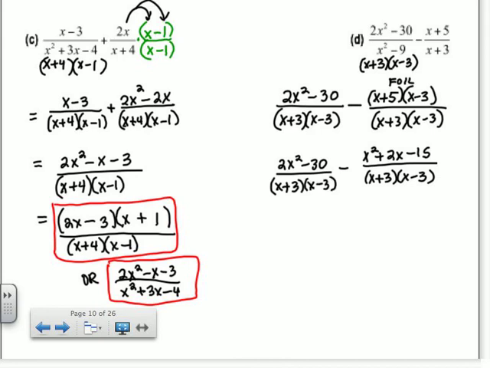I heard someone say yes, so what do you want? Yep, distribute your negative. So think of all of this as in parentheses because you were subtracting that second fraction. Because I'm going to subtract out all of these terms. So I'm going to have 2x squared minus 30. Then I'm going to have minus x squared minus 2x and then plus 15.